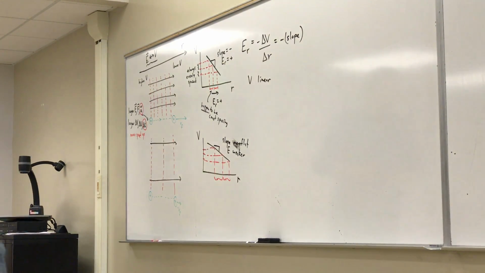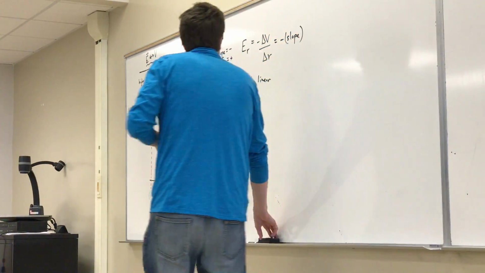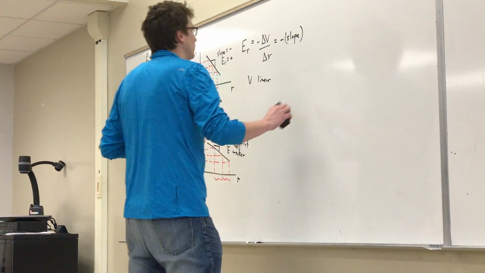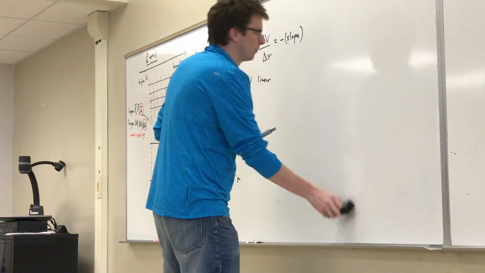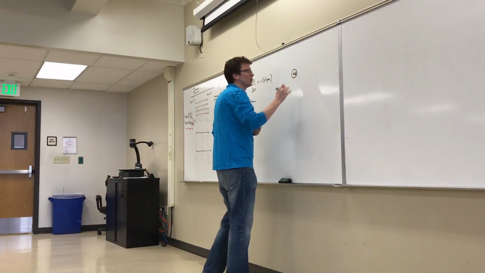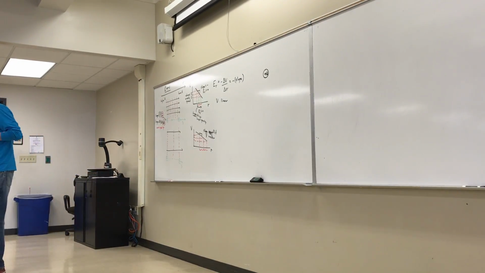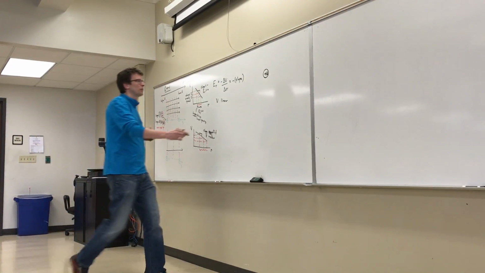Okay, so dealing with only uniform fields, that's no fun. So let's take a look at something else. So if we have a point charge, we of course know that the field weakens as you go further away. It's not going to be constant forever. Looks something like this.